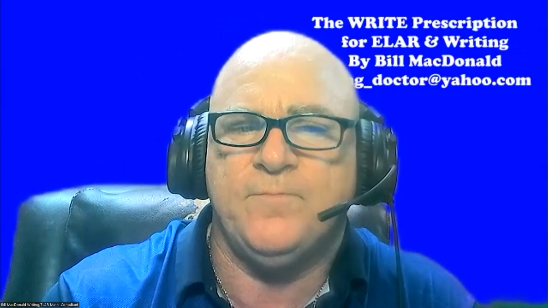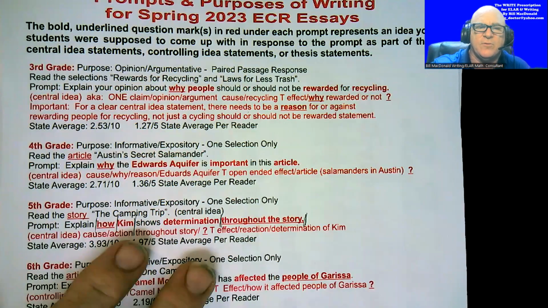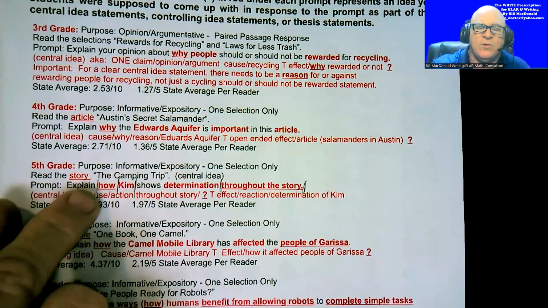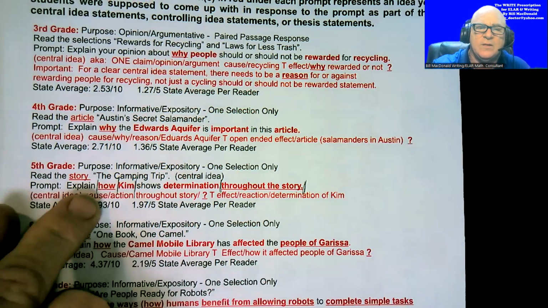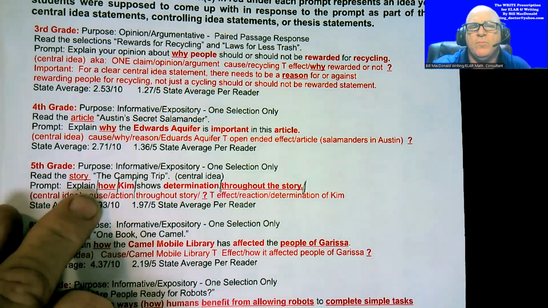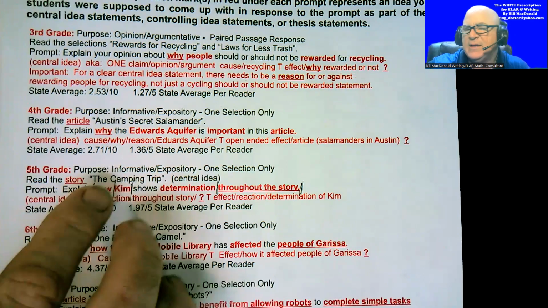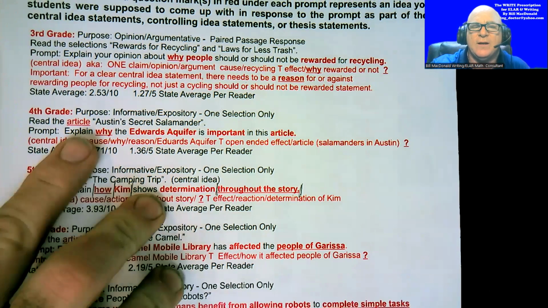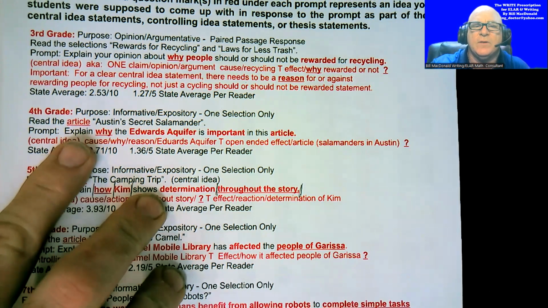So let's get right into it. First, I'm going to show you what the fifth grade had, and what we've been doing is the BESTIES, where we look for the bullets on that page where the prompt is, the B. Then we E, look for the word explain and essay, sometimes composition.